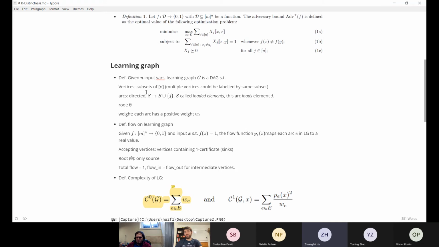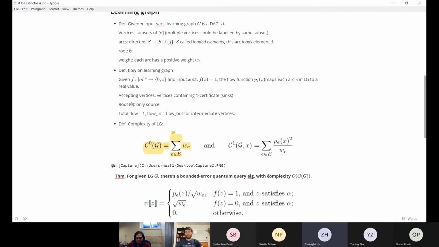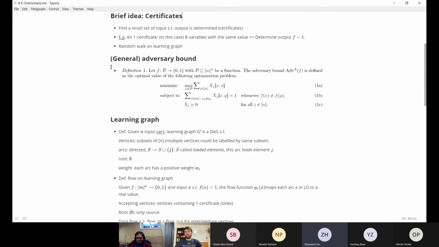Basically, given some input variables, we build a directed acyclic graph with its vertices as corresponding subsets of the input set, and we define the flow on the learning graph and the corresponding complexity of the learning graph. There's this theorem that for the given learning graph G, there's a bounded error quantum algorithm with this complexity.